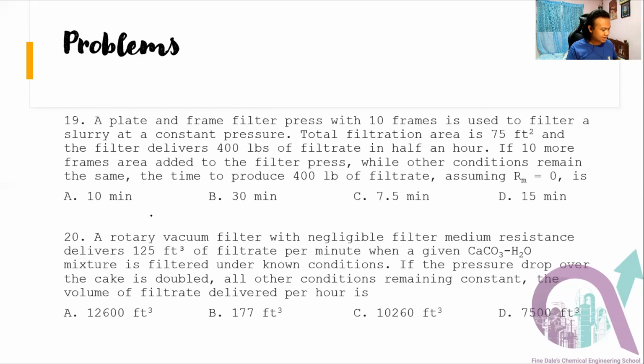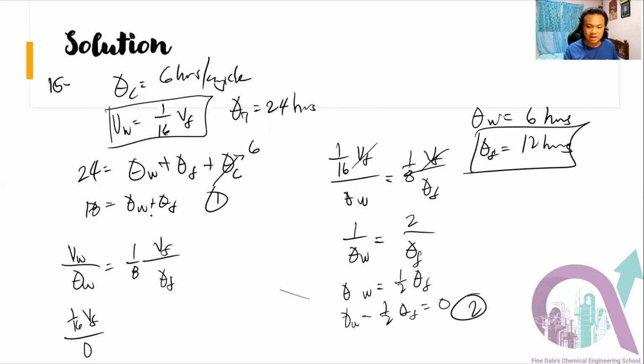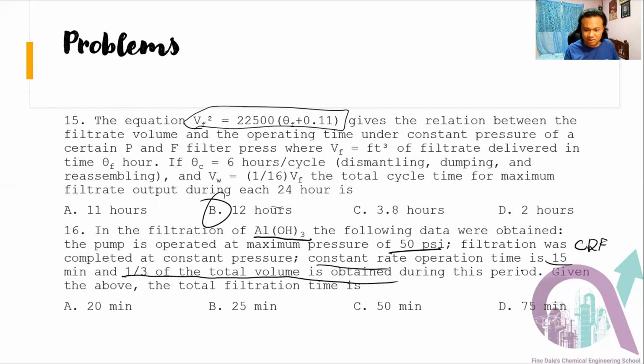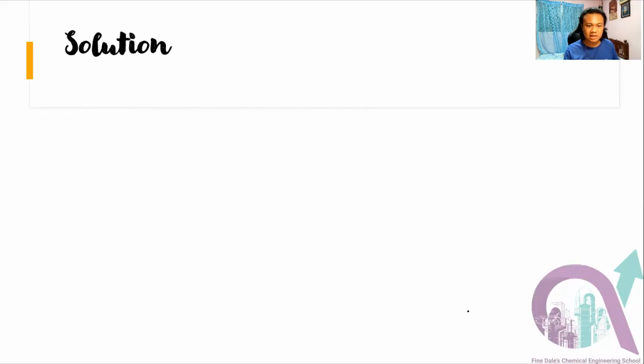From here, it will be easier in the problems. So number 16 is 75 minutes. So that's the 30. Okay, 30. So number 19, let's go to number 19.